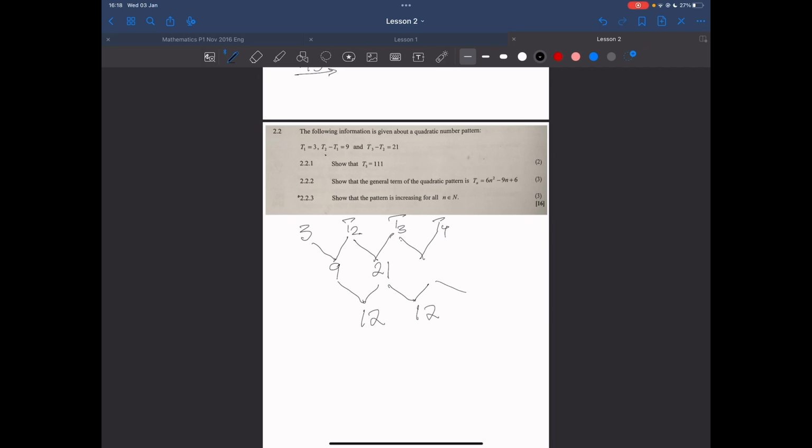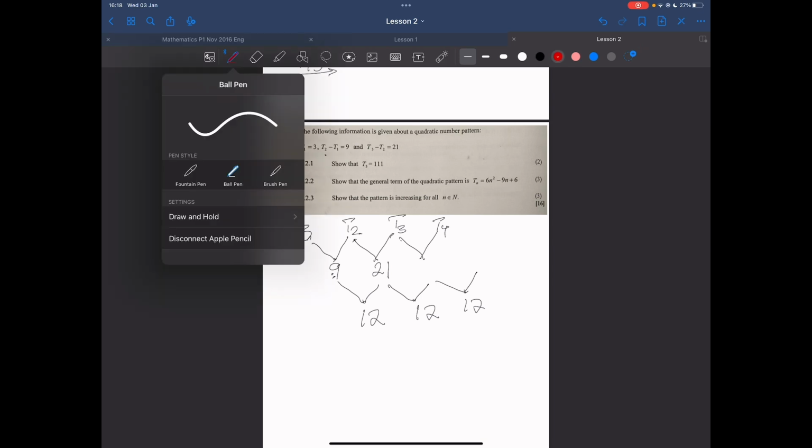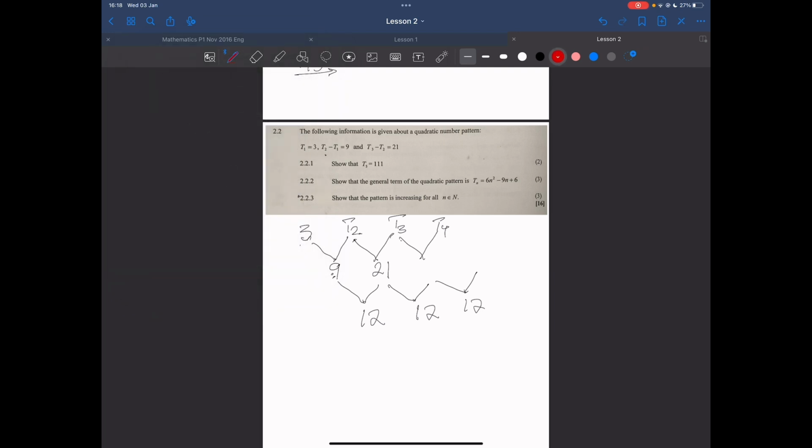All the second differences will be 12 because it is the common difference. Remember, when we take this term and add this term, we get this term. So 3 plus 9 is 12, giving us the second term to be 12.